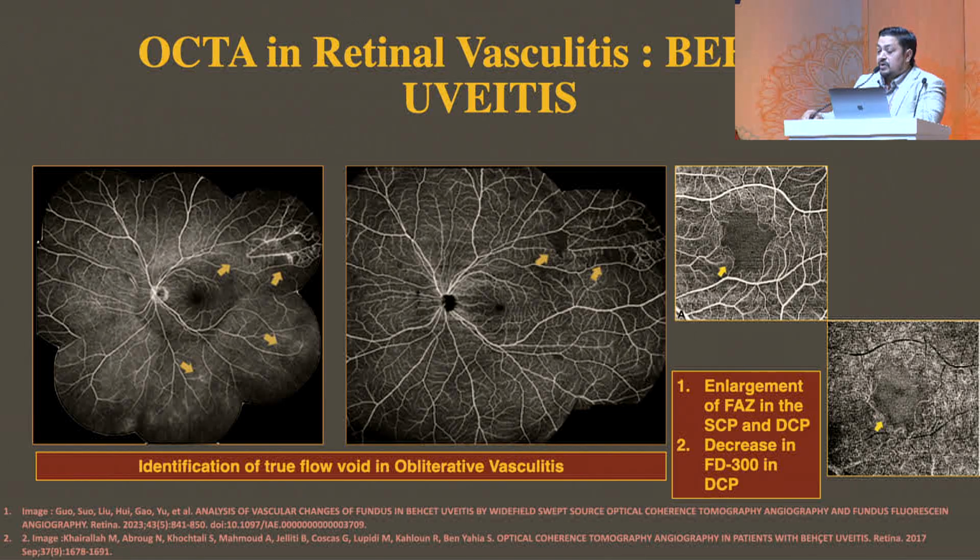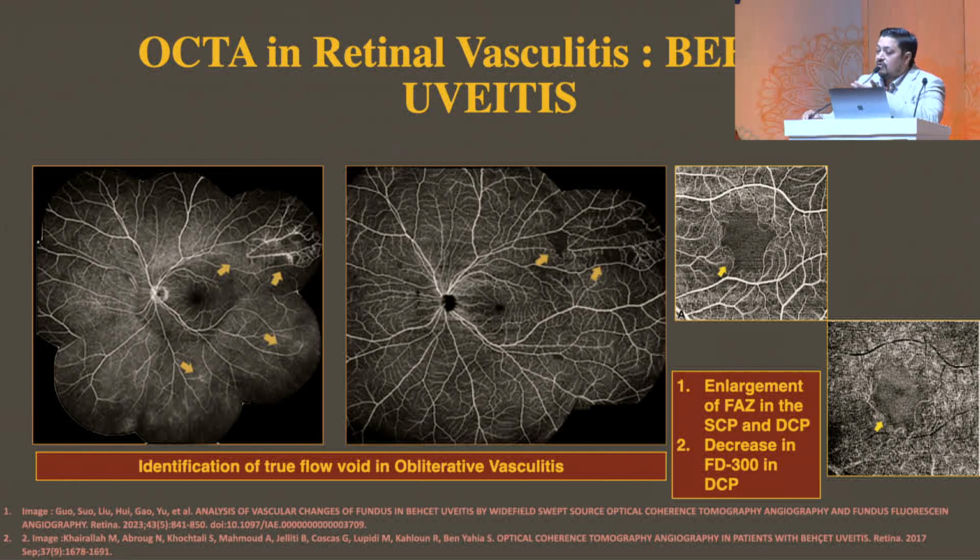Now, as has been discussed previously, the OCT angiography cannot show leakage. So how do we diagnose diseases like Behçet's uveitis or any other uveitis? First, OCT angiography is not affected by the leakages, and you can clearly see the CNP areas.